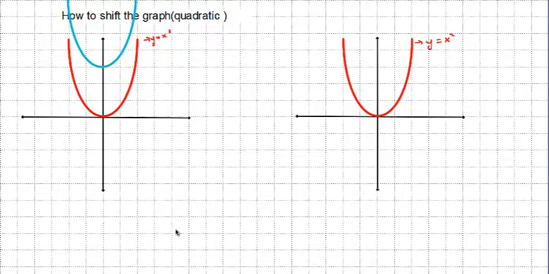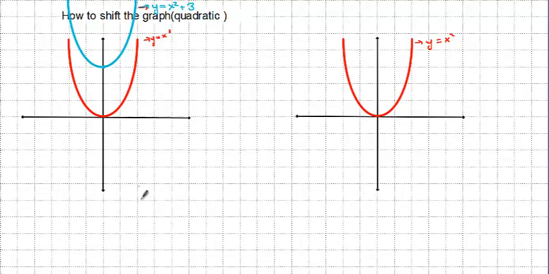I moved the graph 3 units up. That's why this is y is equal to x squared plus k, where k is equal to 3 here, so x squared plus 3.